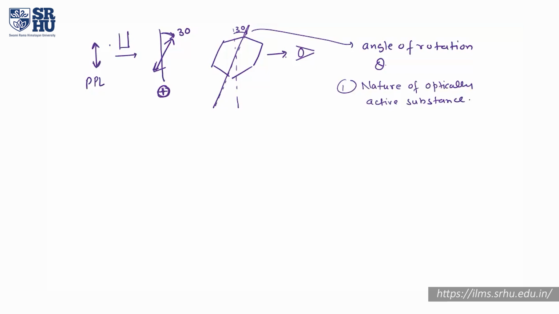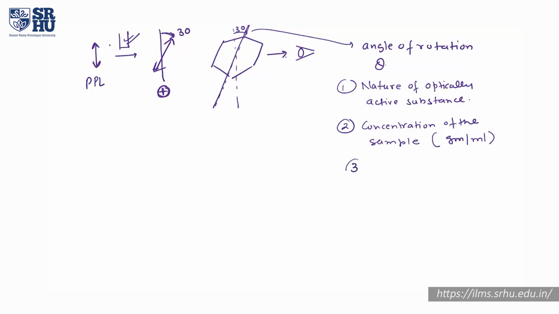It depends upon the nature of the substance in the sample, whether it is optically active and how much it is optically active. Second, it also depends on the concentration of the optically active compound. This is usually represented in gram per ml. You must remember this unit, it is very important.